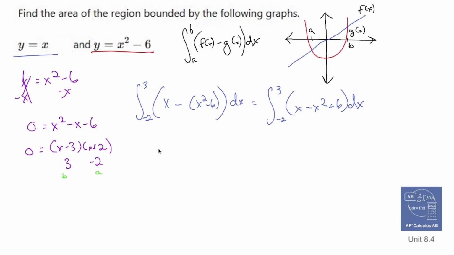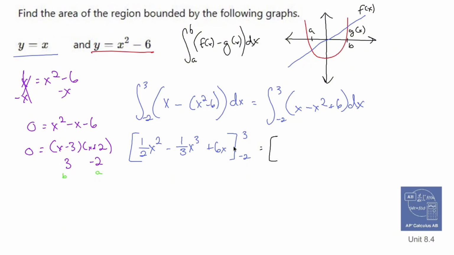And let's integrate that. So you have 1/2 x squared minus 1/3 x cubed plus 6x with limits at negative 2 and 3. This is not going to be fun.